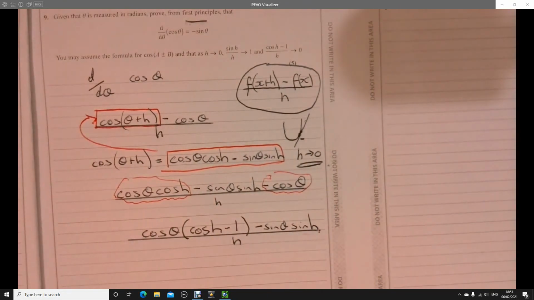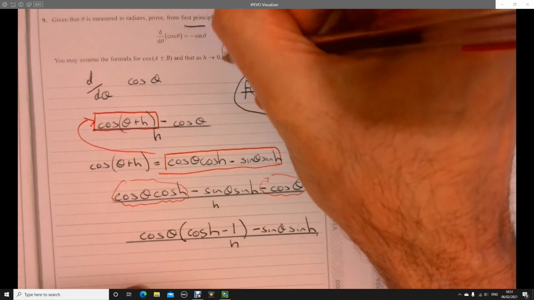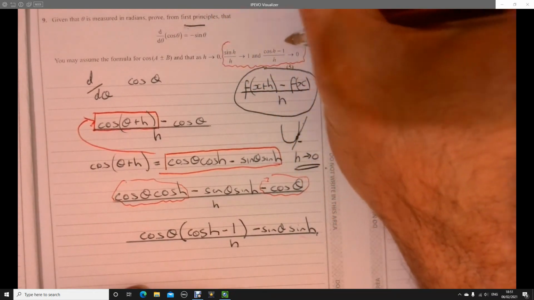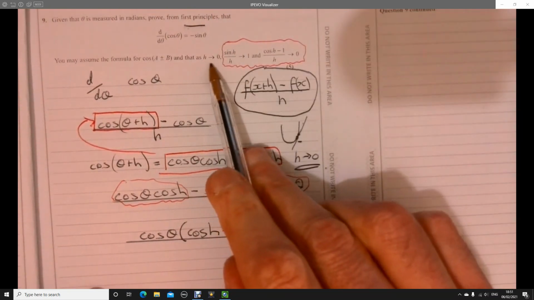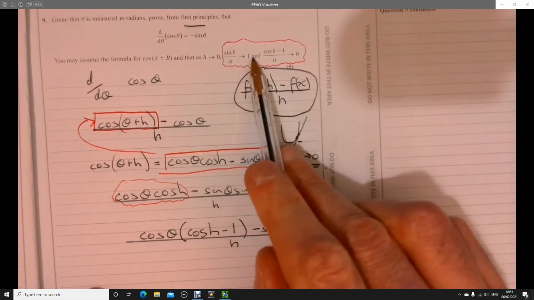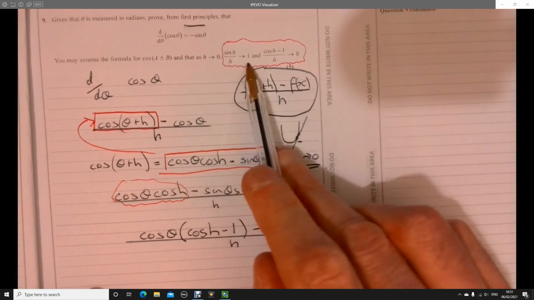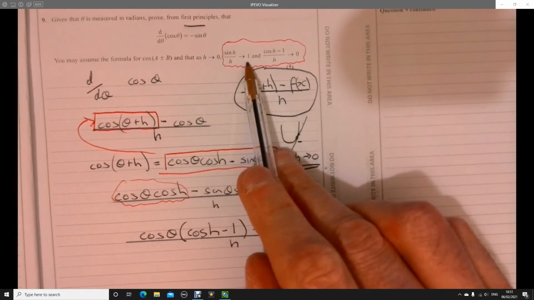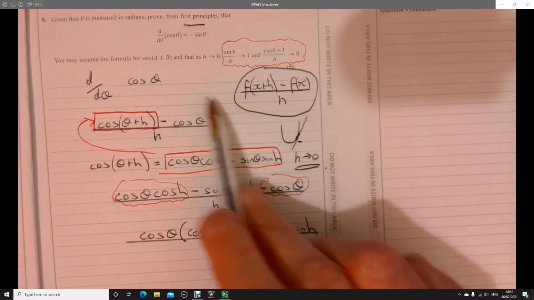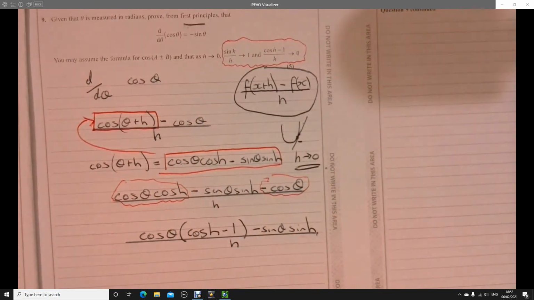Right, now let's start thinking about breaking this up. Look at what it told me here in the question, as h is approaching 0. This is just working on our small angle approximation. We'd normally write those down, but it tells us, so it makes everything much easier.